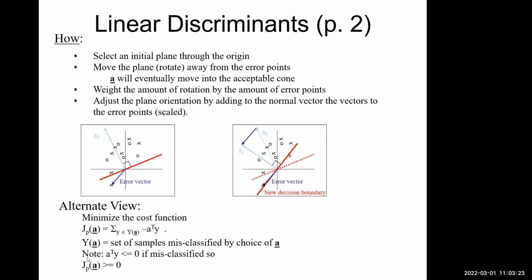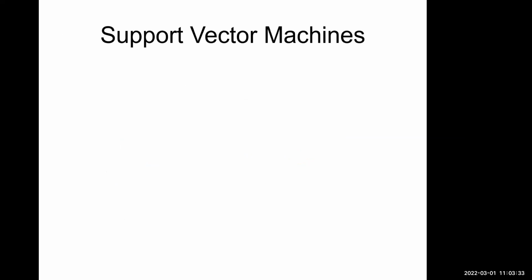Same procedure, but our cost functions now are all the points on the correct side of the line. And that's called a support vector machine, SVM. A lot of you I know have heard that term.